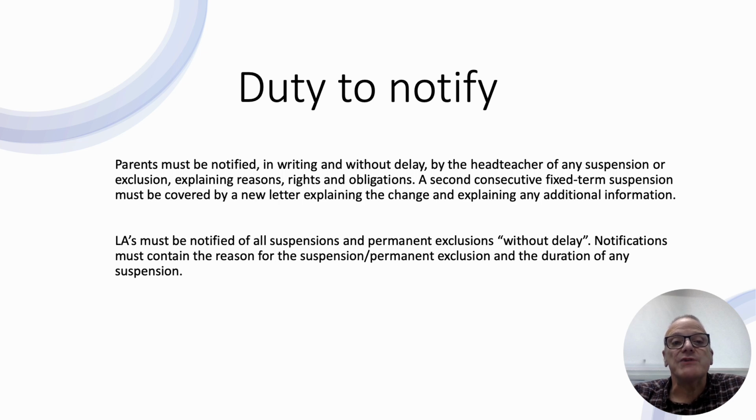The local authority must be notified of all suspensions and permanent exclusions, again without delay. Notifications must contain the reason for the suspension or permanent exclusion and the duration if it's a temporary suspension.